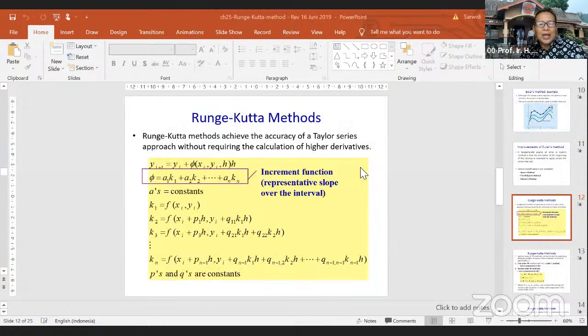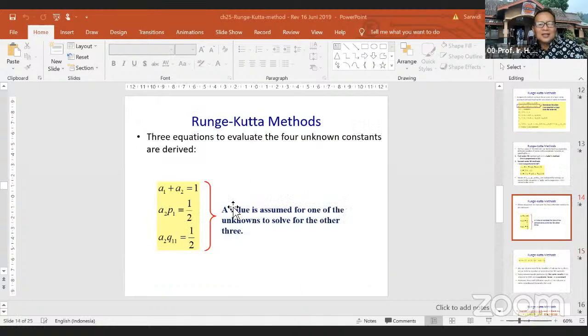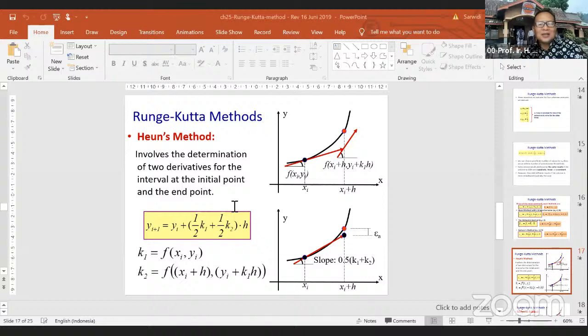Next, if you use Runge-Kutta here, then it looks like this one, and there is a correction. This is very good. This method is the second order Runge-Kutta, so the slope has a second correction.